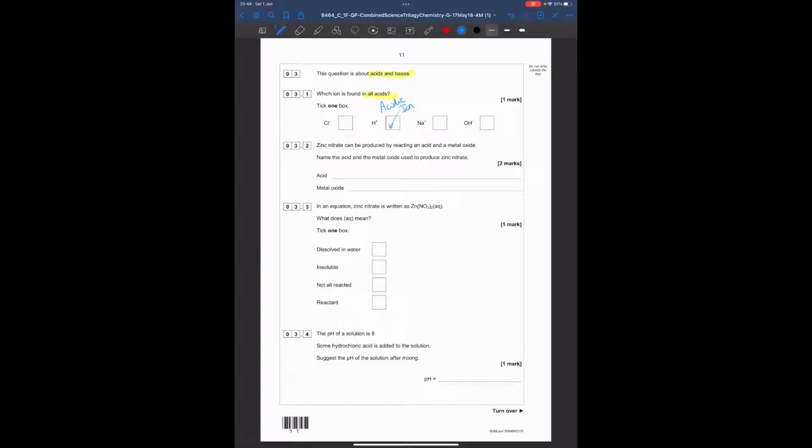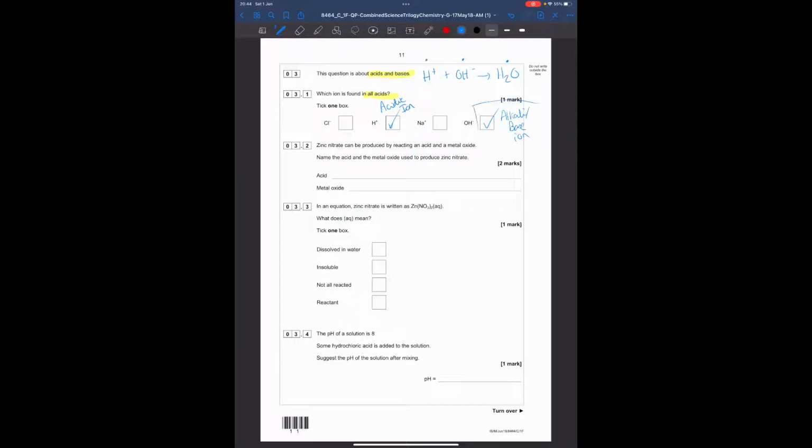And the other one you've got to know is OH-, which is the alkali or base ion. We can demonstrate this because of the neutralization equation, which is H+ plus OH- makes H2O. So you've got acid plus alkali makes water, which is neutralization.